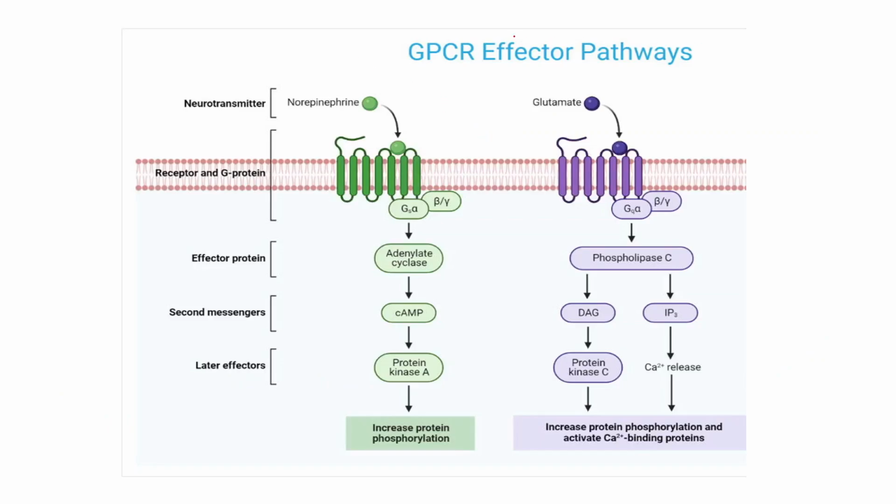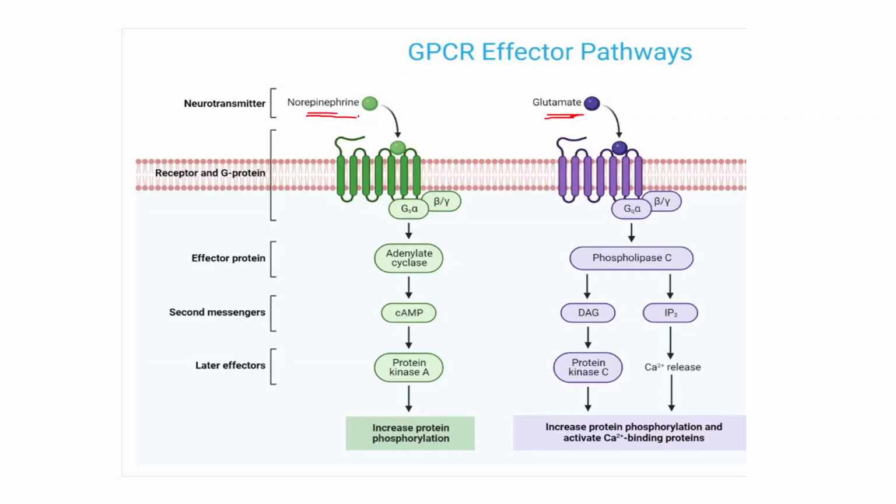So this is the summary of GPCR. Here both are neurotransmitters acting as ligands: norepinephrine and glutamate.